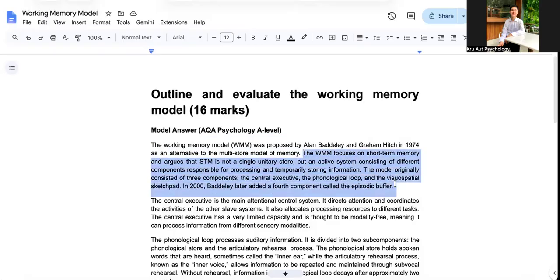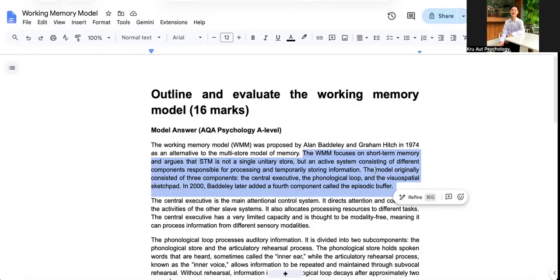The working memory model focuses on short-term memory because it argues that short-term memory is not a single unitary store. I'm just avoiding using the word "it", so being specific that this is about referring working memory to the idea of short-term memory, but an active system consisting of different components responsible for processing and temporarily storing information.